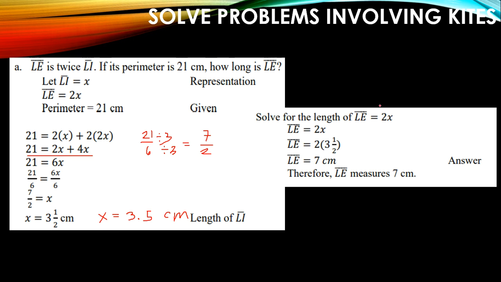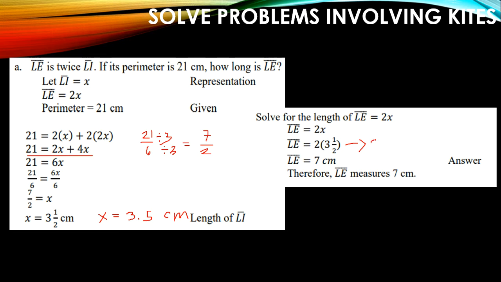Then you're going to solve for the LE. Okay, since LE man ang gipangita, so we have the value of x naman, which is 3.5. So you're going to substitute the value of x, which is 3.5. So LE equals 2 times 3.5. If you're going to solve that one, whole number by mixed fractions, you're going to change the 3.5 to improper fraction.